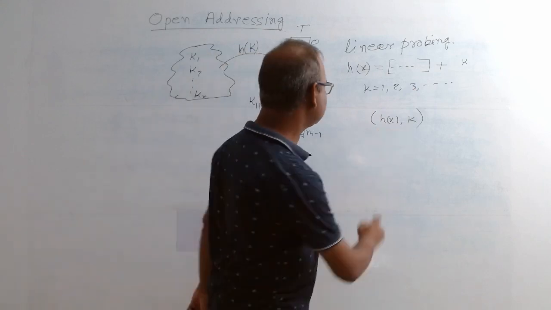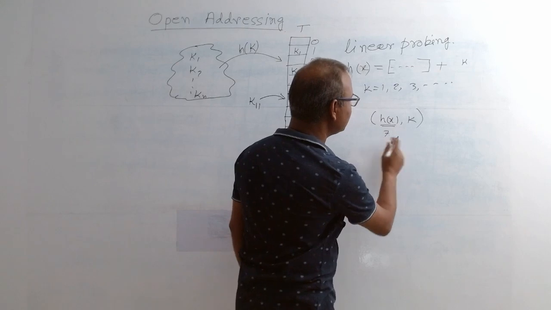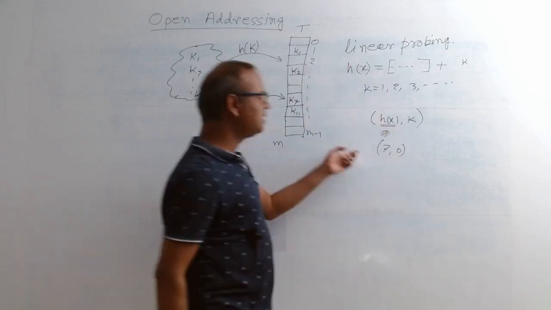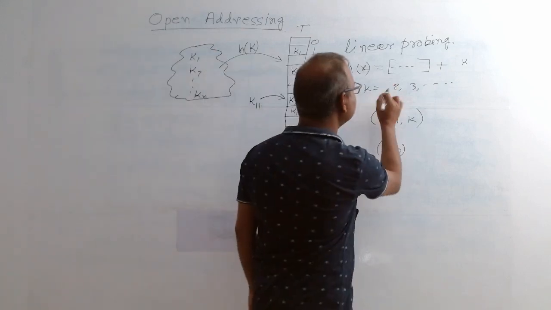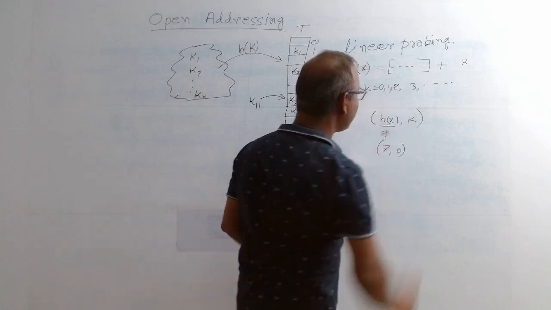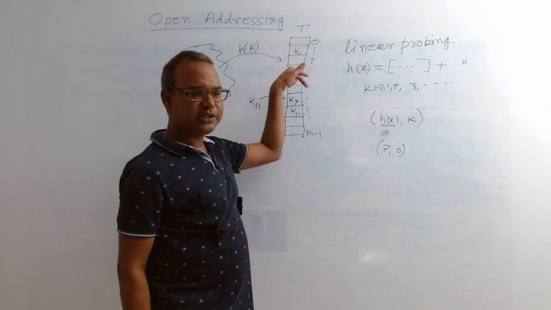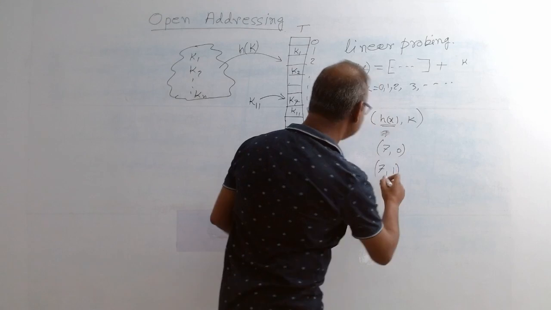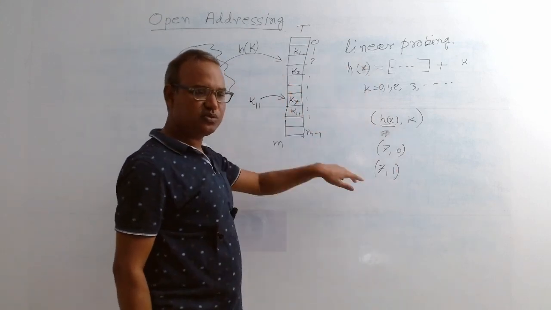So for example, let's say h(x) value is 7. So 7,0 means first probe, its actual location. If we write 7,1 it means the next location, 7,2 means the next to next location.